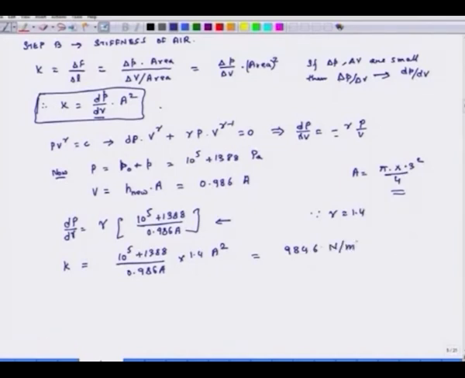newtons per meter. So, now I have completed my second step, which is step B. So, now I do my step C, and that is omega n equals square root of k over m equals 9846 divided by 10, because 10 is the mass of the piston.